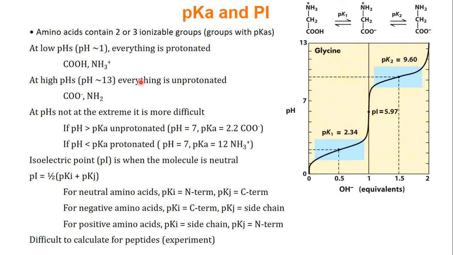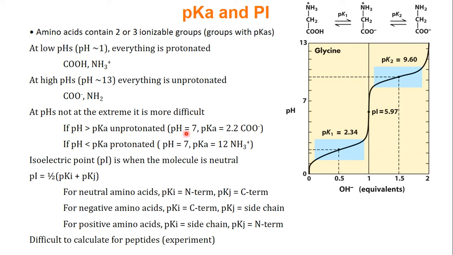It's a little more difficult if you're at neutral pH. But in general, and we'll do some of this in class because it's kind of a hard concept to get just talking about it, if you look at the pKa of your ionizable group, if your pH is bigger than that number, your ionizable group is unprotonated.